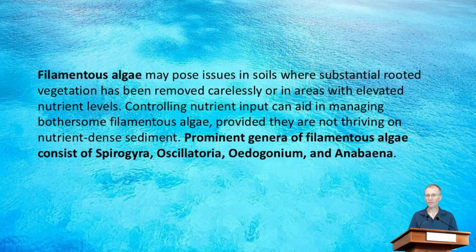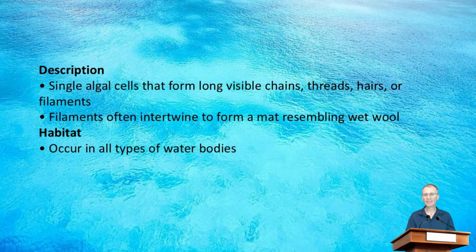Prominent genera of filamentous algae consist of Spirogyra, Oscillatoria, Oedogonium, and Anabaena. Description: single algal cells that form long visible chains, threads, hairs, or filaments. Filaments often intertwine to form a mat resembling wet wool.